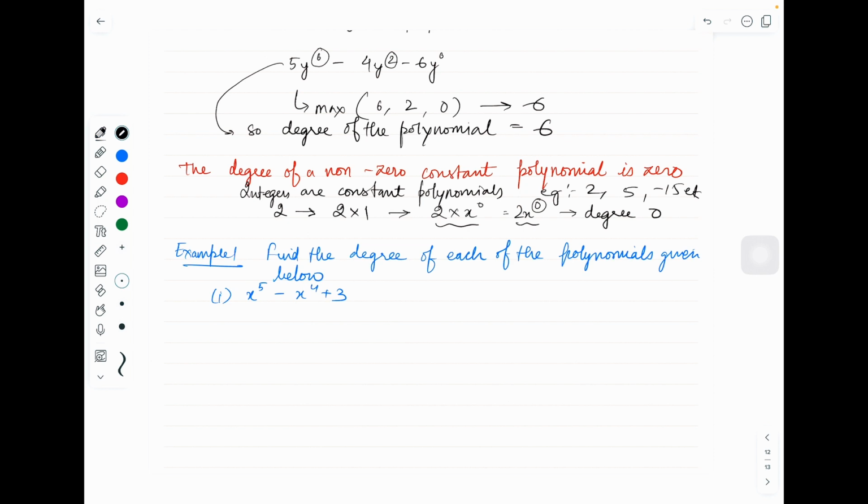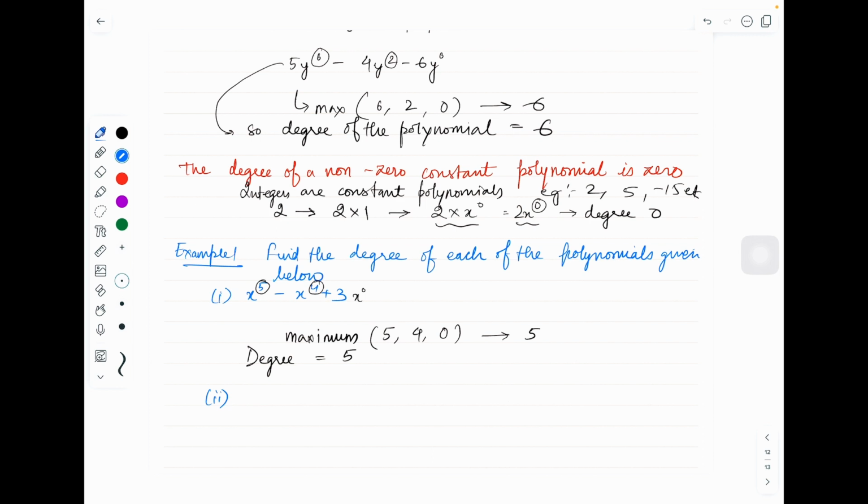In the exam you have to write the definition of degree, but I am directly writing the value because I have already told you the definition. The exponents are 5, 4, and 0 for the third. The maximum is 5, so the degree is also 5.